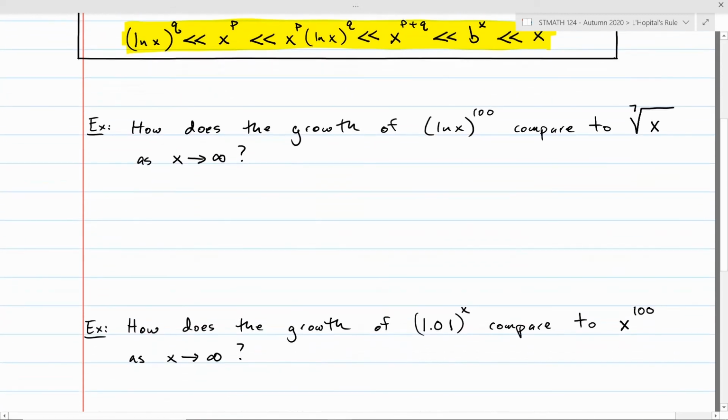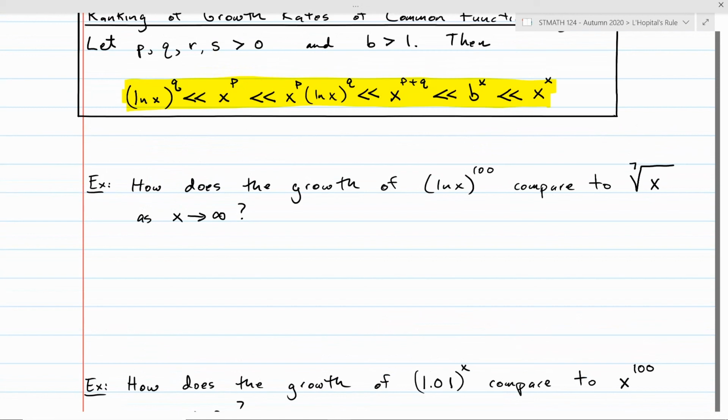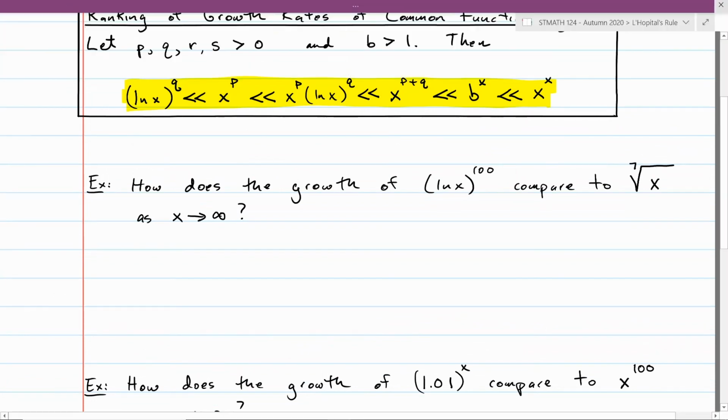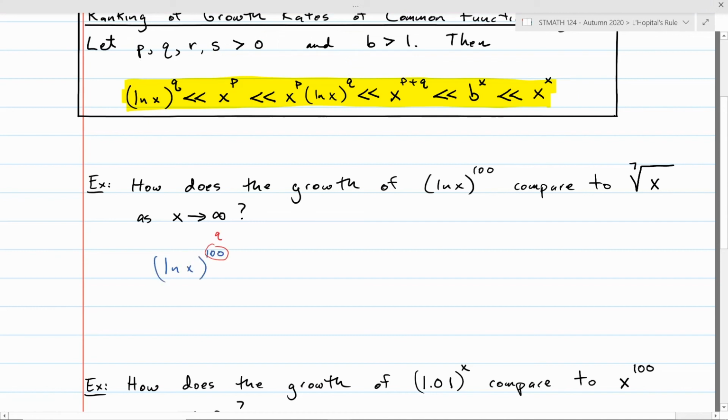So in the first example, how does the growth of natural log of x to the 100th compare to the 7th root of x? According to the summary in yellow, natural log of x to the 100th is like the q, and the 7th root of x is x to the 1/7, so that 1/7 is like the p.